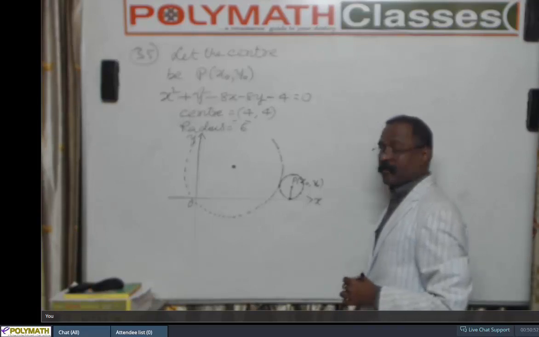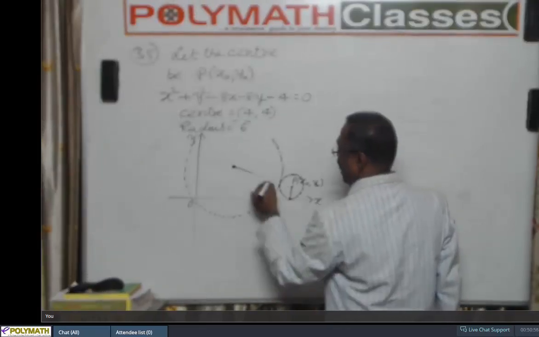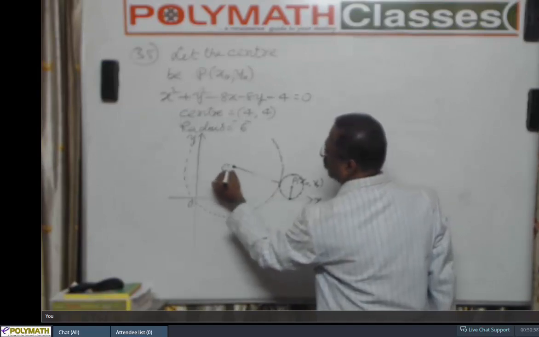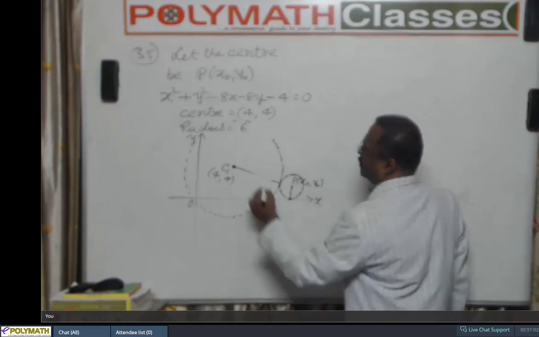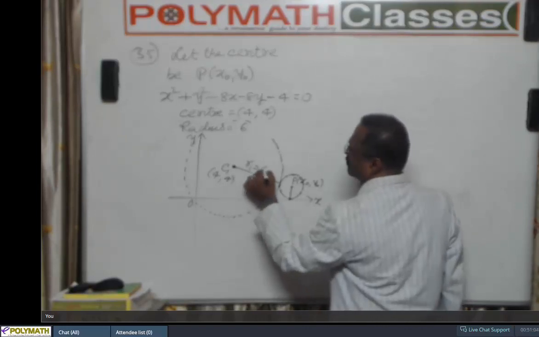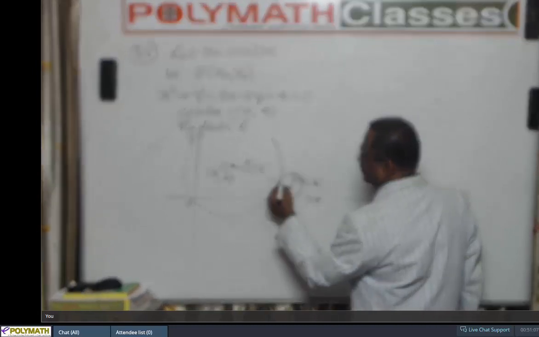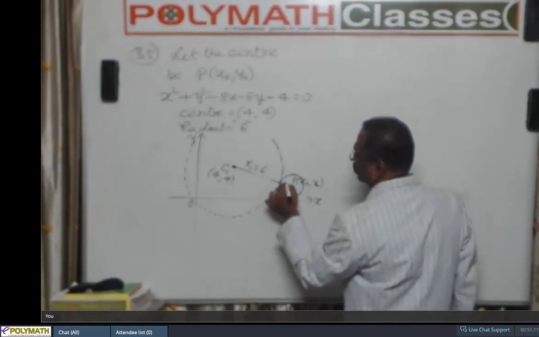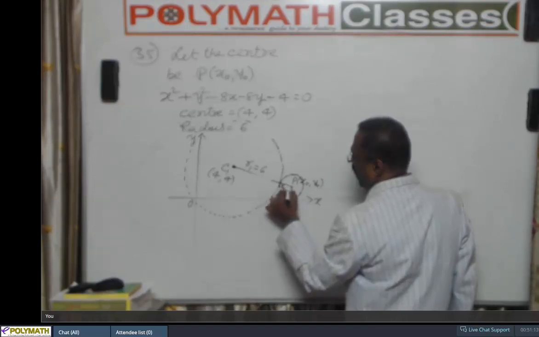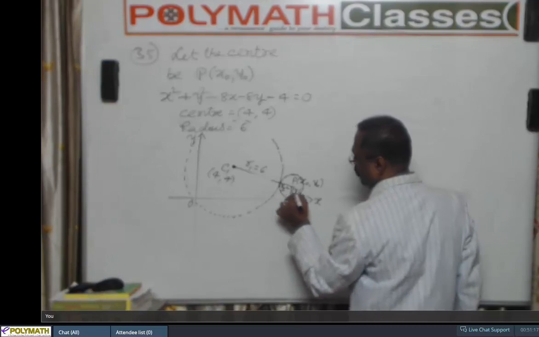Let me take this center as C₁ = (4, 4) and this R₁ as 6, and this is R₂, let me say. R₂ is nothing but |y₀|.